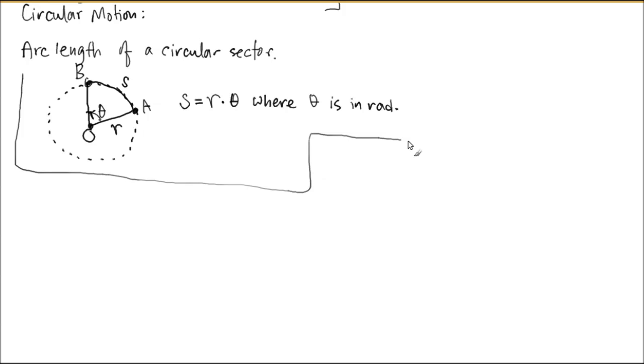But I'd like to make some clarification on this formula. For example, if I'm looking at this odd-looking Pac-Man kind of arc shape, it's not the usual shape of arc. It's this kind of oversized arc, but it is still called a circular sector.